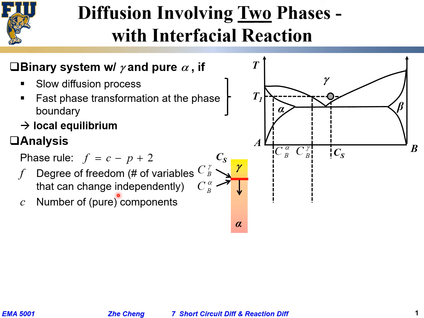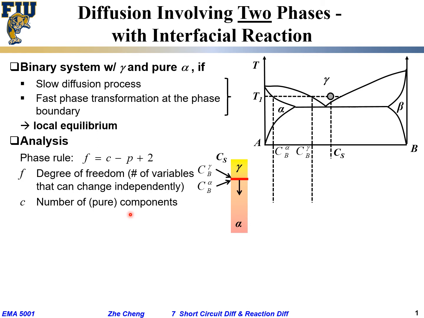Okay? What about C? C is the number of components, in brackets, pure components. For an alloy, this can just be pure element A, pure element B. But we may have a so-called pseudo-binary case. We may have one compound on the left side, another compound on the other side. That can also be treated as a component.